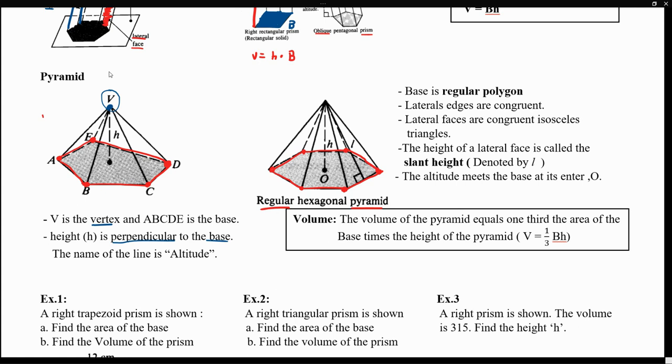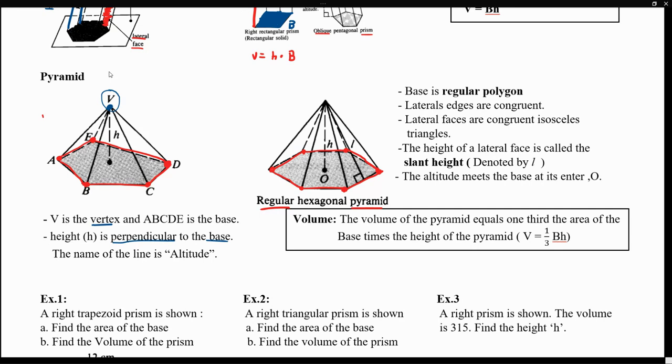And remember what a regular polygon is. A regular polygon is any polygon where all the sides and all the interior angles are congruent to each other. So we're saying that for any regular pyramid, the base must be a regular polygon. Now, we almost use the same vocabulary that we use for a prism. The lateral edges are congruent. And why is that?